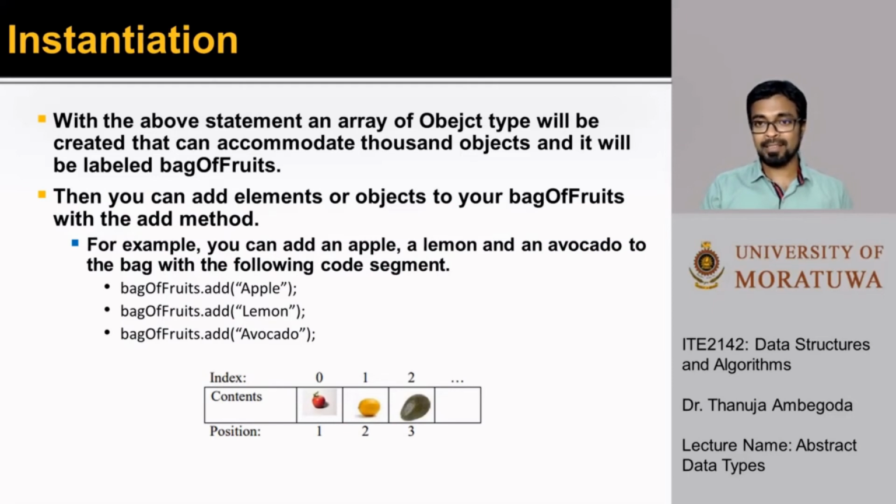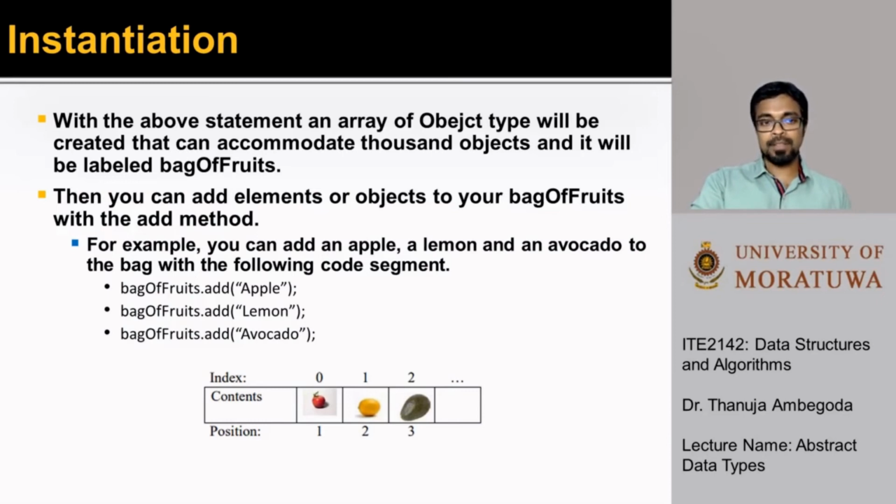So the bag can hold 1000 objects, right? So after defining that, you could add elements or objects to your bagOfFruits. That's the instantiation of the ArrayBag class that you named as bagOfFruits, right?